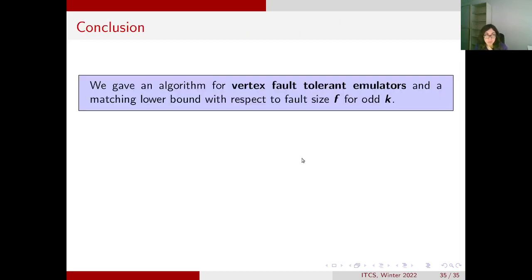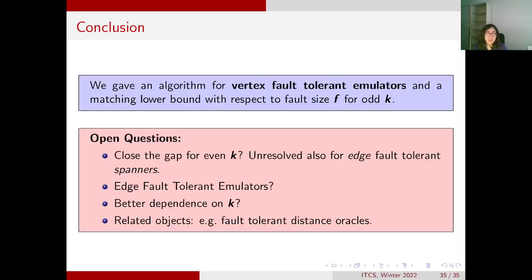Okay, let me conclude. I described an algorithm for constructing vertex fault-tolerant emulators and also mentioned a matching lower bound with respect to fault size f, but this lower bound matches the upper bound only when k is odd. So the first open question is, can we close this gap for even k? As I mentioned before, this is also unresolved for spanners in the edge fault-tolerant case, so maybe we should answer it there first.